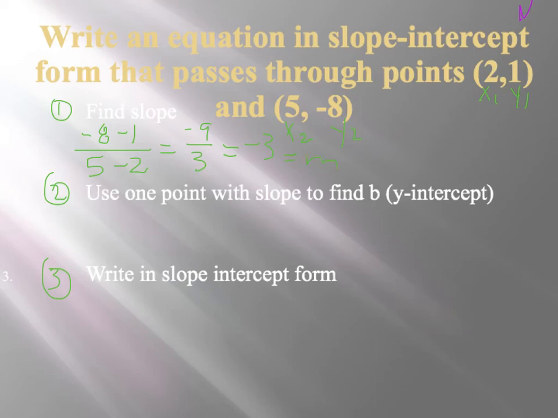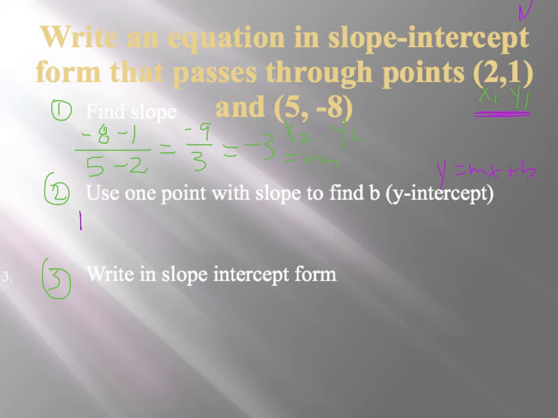The second step is you want to use one point with the slope to find the b, the y-intercept. So I'm going to use my x1 and y1 point. So instead of writing y for the y equals mx plus b, that's what I'm going to be using here to help me find out what b is.